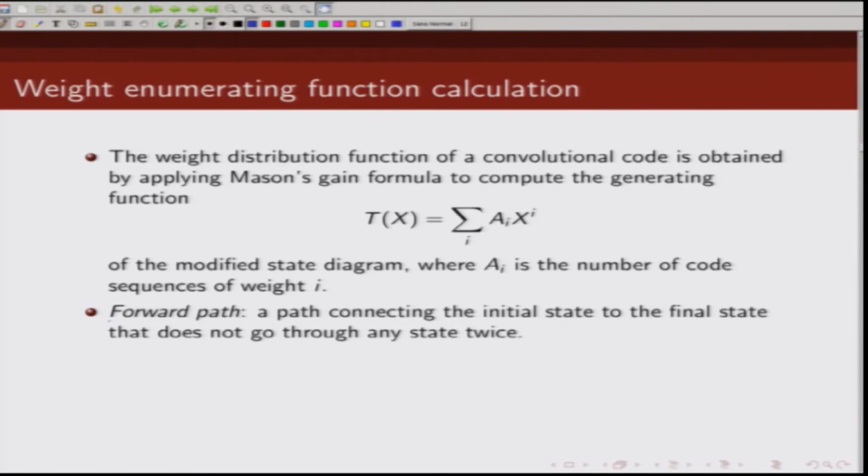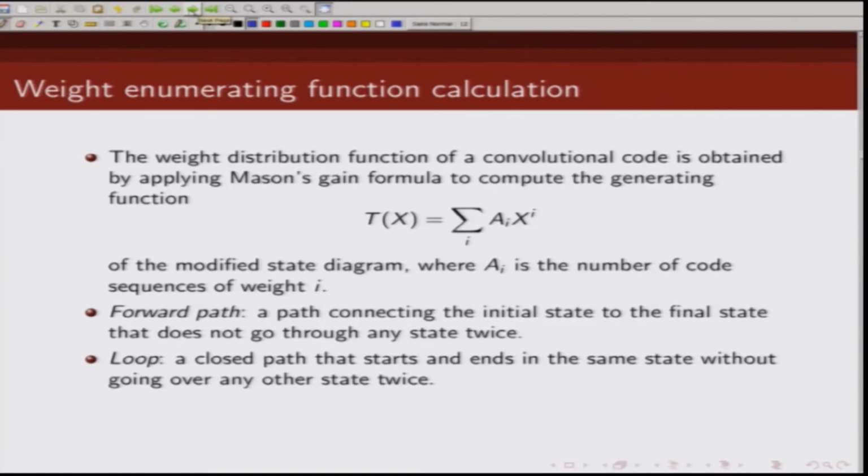The first term is what is known as a forward path. A forward path is a path from the initial all 0 state to the final state, and the condition is that this path should not go over any state twice. That is our forward path.